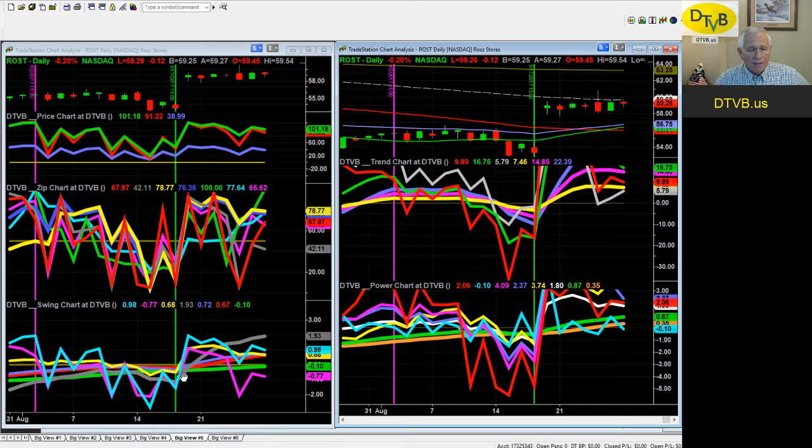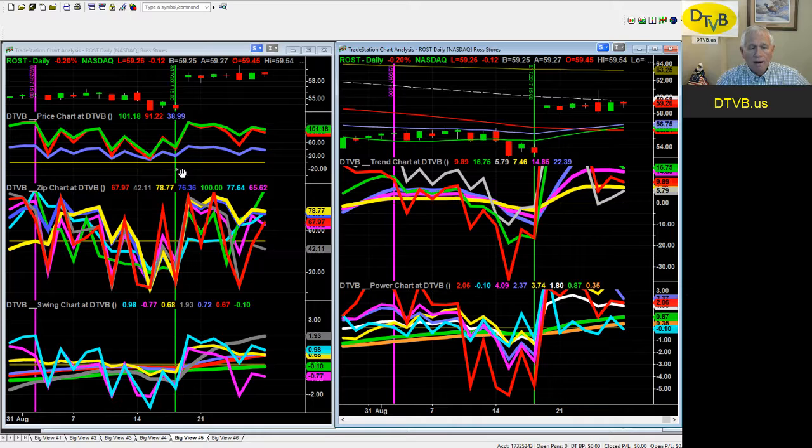The other thing is that price red and green had a crossover. Red was highest, and now on the vertical green line it's lowest. When you have price lines that cross over each other, it's a divergent situation. Zip Pink, Swing Zion, and the three price lines are our price barometers.